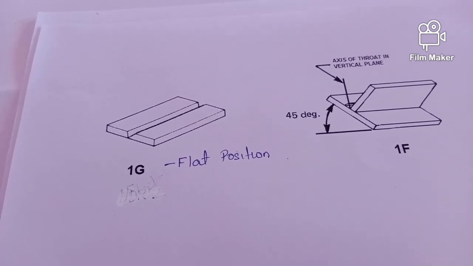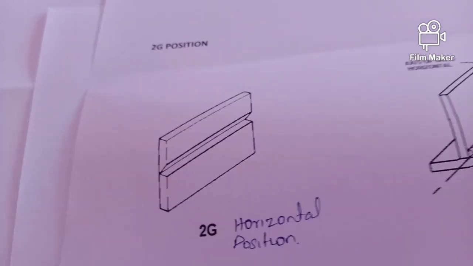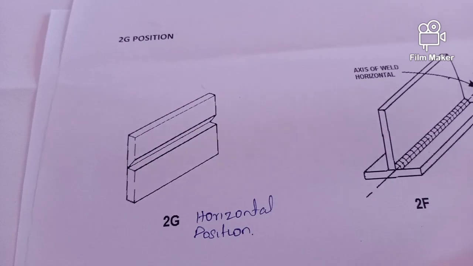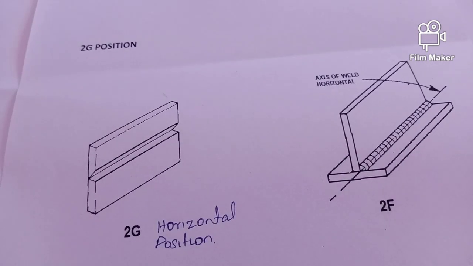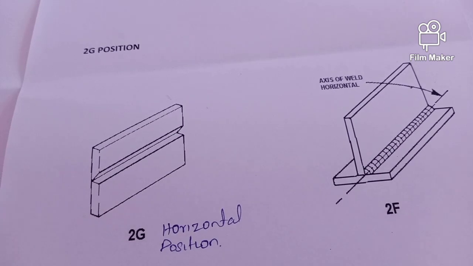So the second one is 2G position. You can see this is a diagram for 2G position. In the 2G position, the plate will be in vertical position.